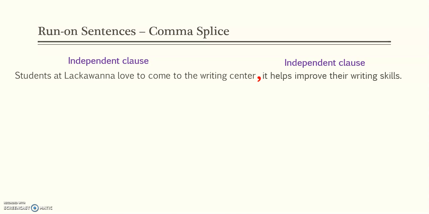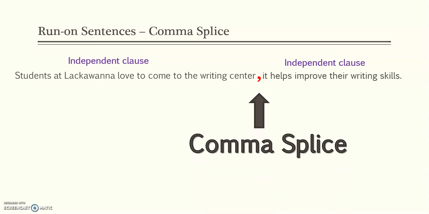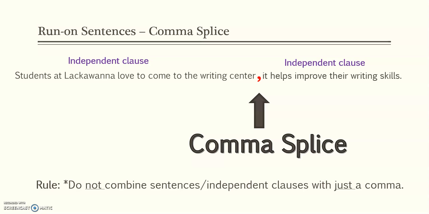You can sense it when you read it. You know a comma gives you a pause, but you cannot simply separate two independent clauses with a comma. Otherwise, it becomes known as a comma splice. So the rule of thumb is do not combine sentences or independent clauses with just a comma.